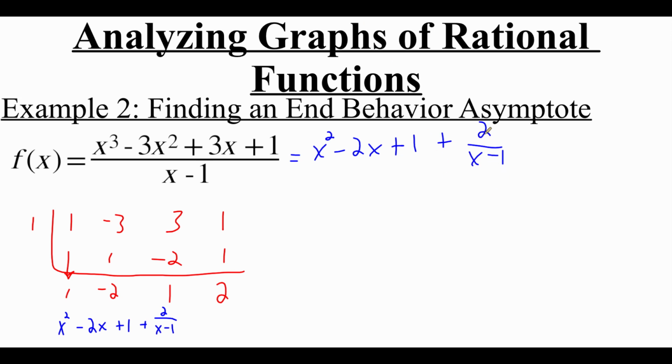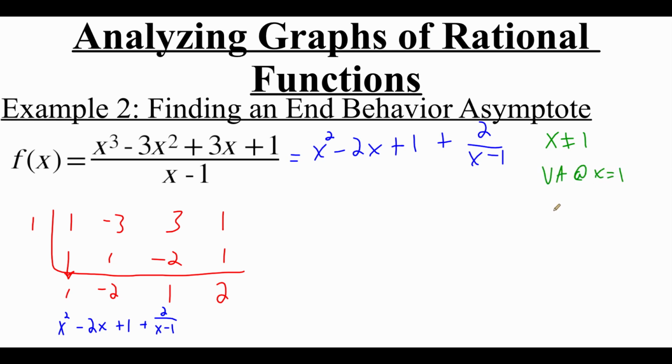Now we do still have a rational piece of our function on the back end with that 2 over x minus 1. So when we're talking about the domain of this function, we need to make sure that our x value is not 1, which is going to lead us to having a vertical asymptote at x equals 1.